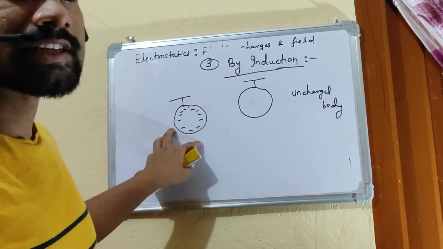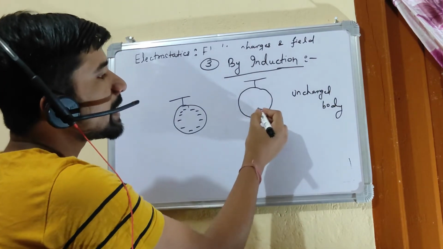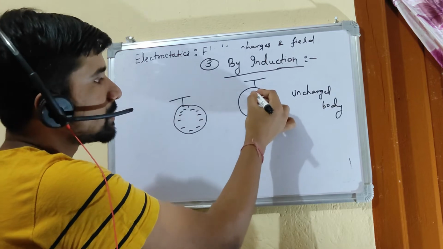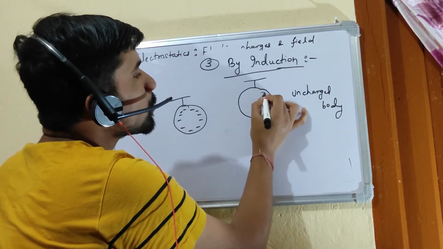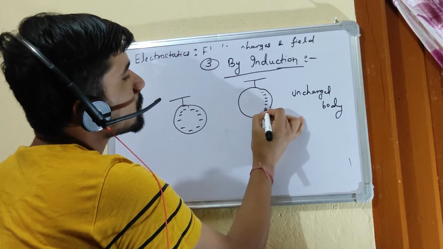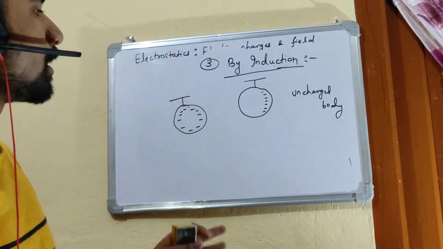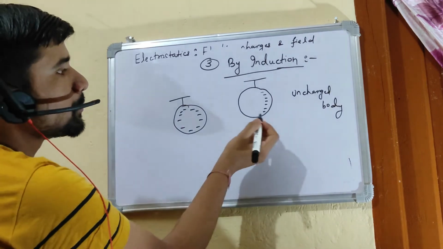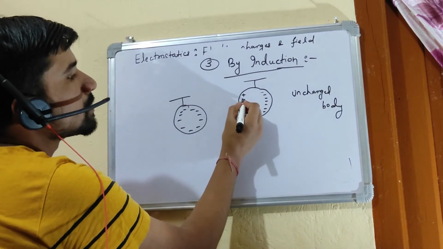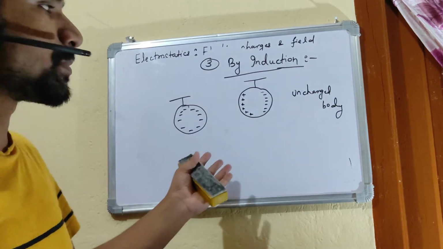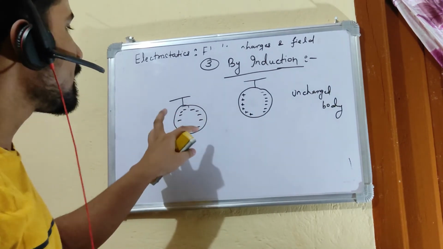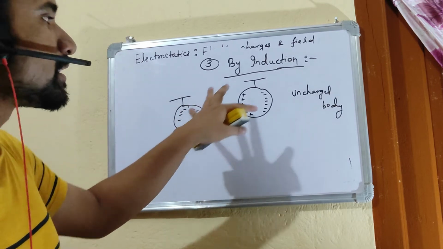So this negatively charged body will repel the negatively charged electrons and try to push them as far away as possible, which in turn brings the positively charged species to the leftmost part, since the negative charge will attract the positive and repel the negative.